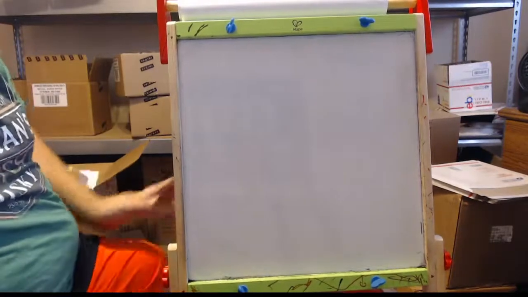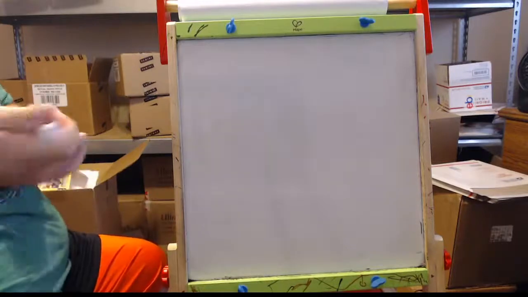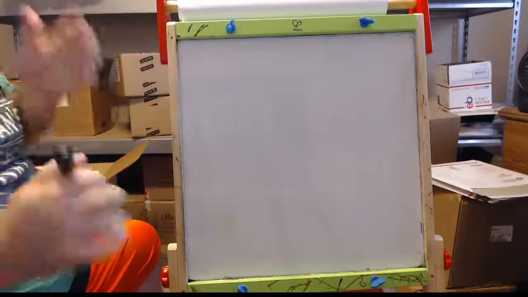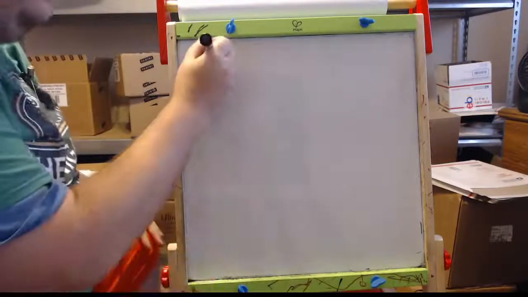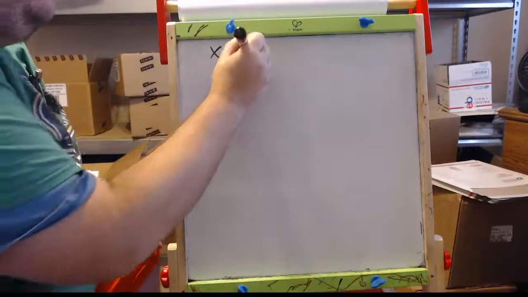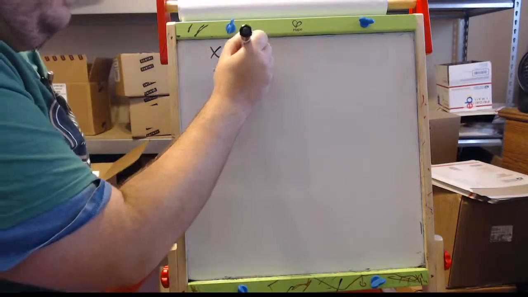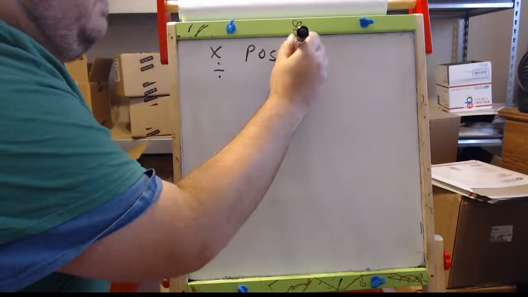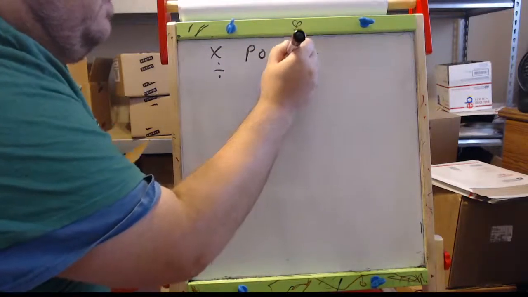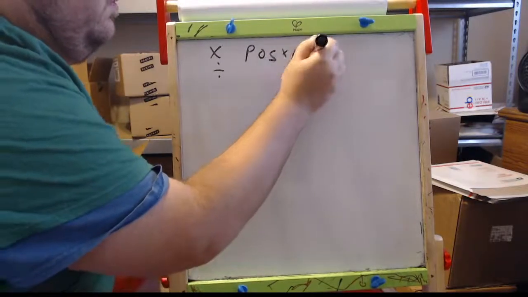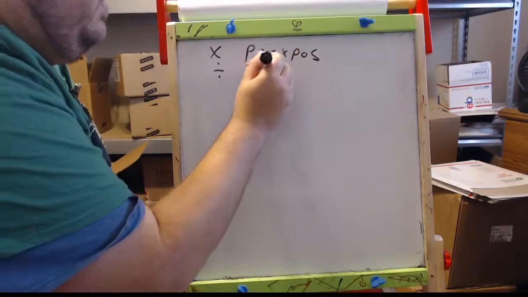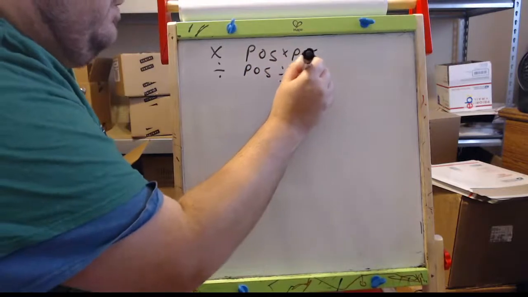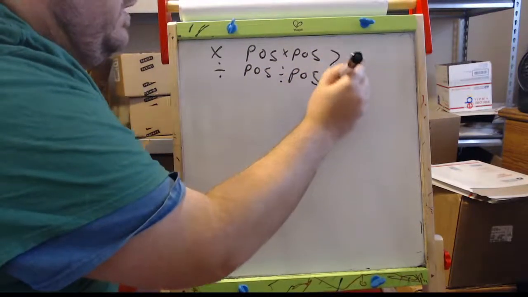So multiplying by a negative or dividing by a negative. Two positives: a positive times a positive, or a positive divided by a positive, my answer is going to be positive.